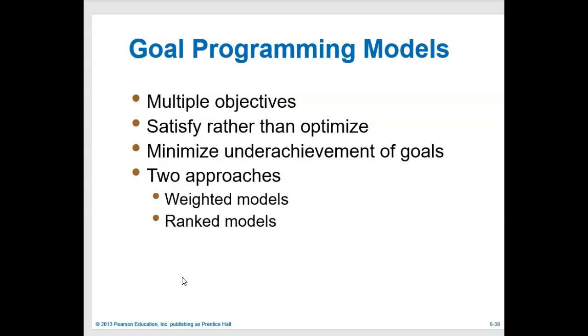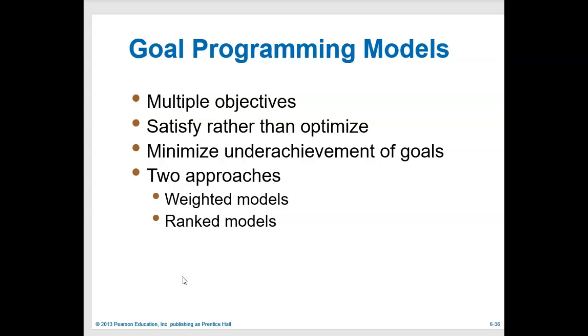These deviations can either be positive or negative depending on whether we overachieve or underachieve a specific goal. These deviations are not only real decision variables in the GP model, but they're also the terms in the objective function. They're the only terms in the objective function. So the objective is to minimize some function of these deviation variables.